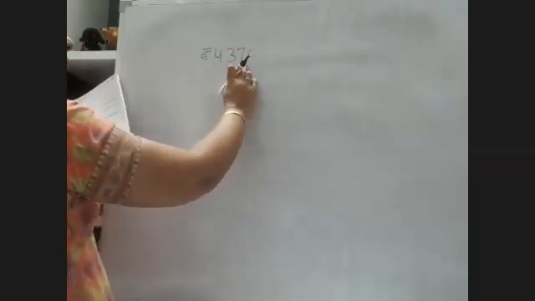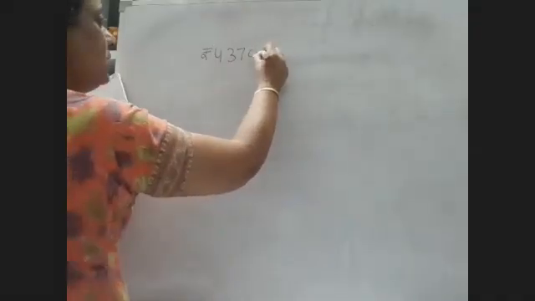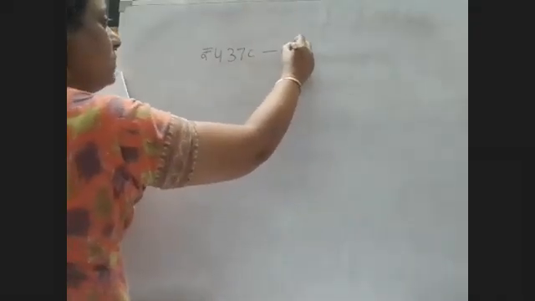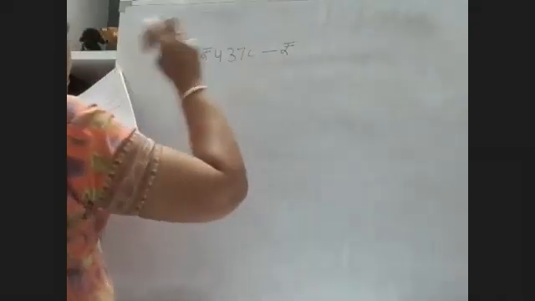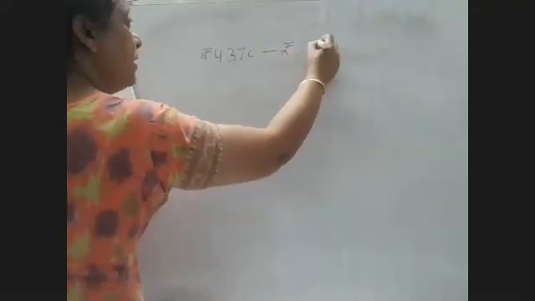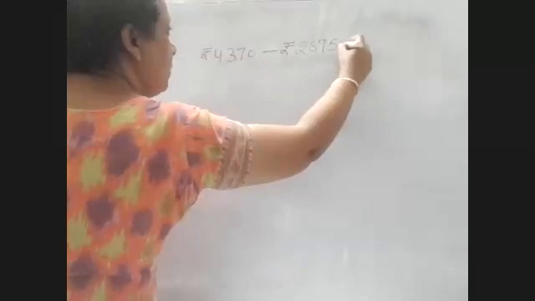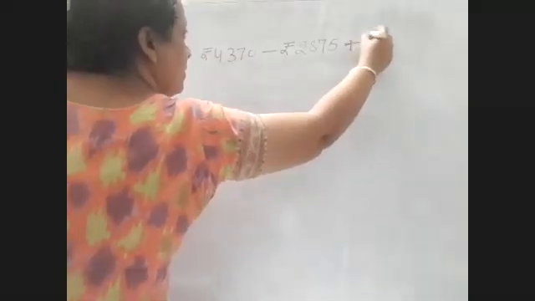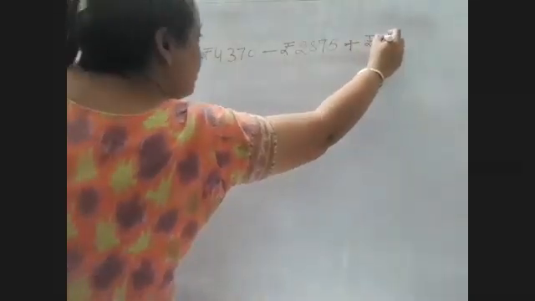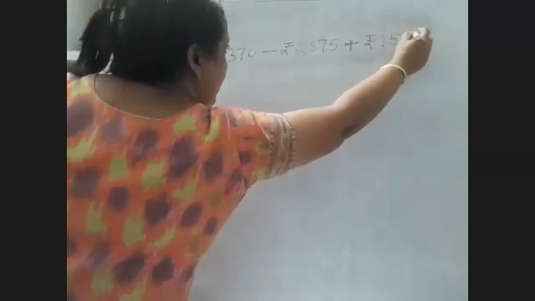First she deposited, then she withdrew, and withdrew means minus, negative 2,875. Again she deposited, then plus rupees 1,550.